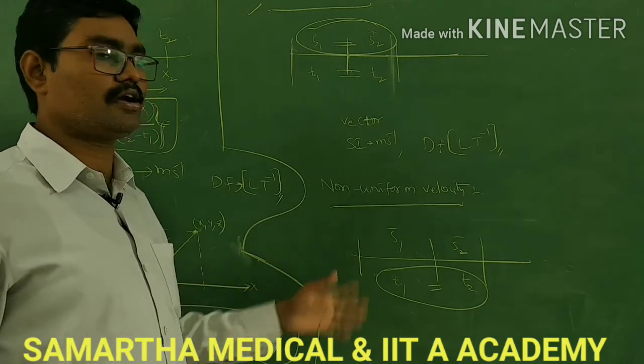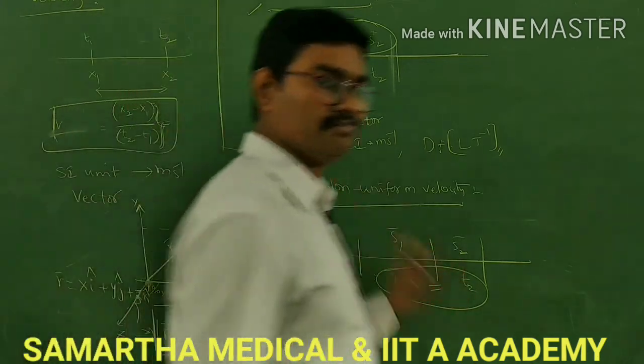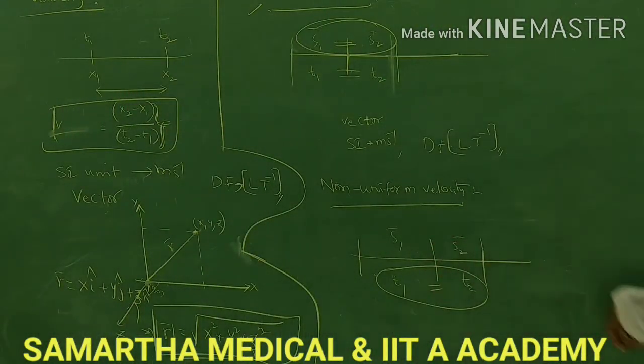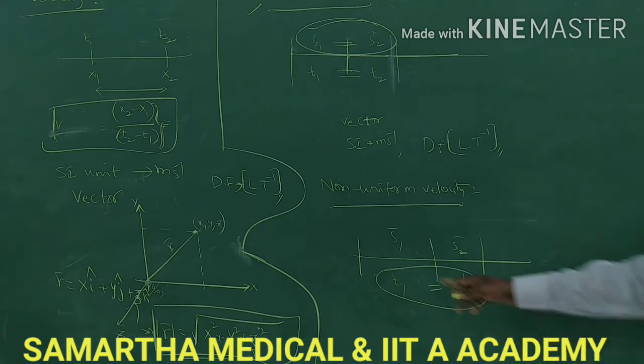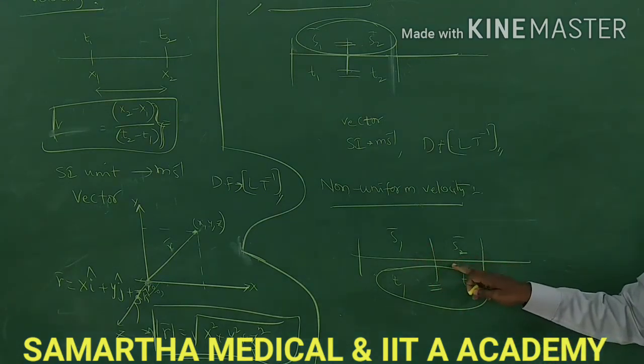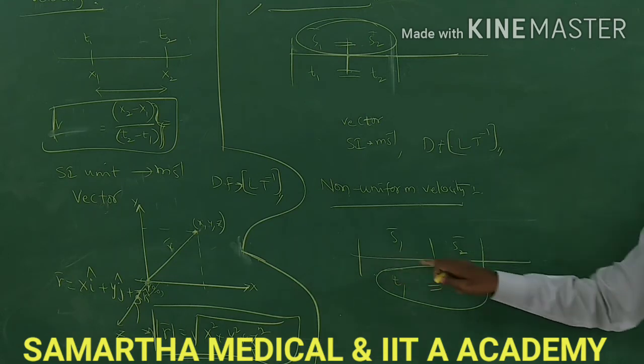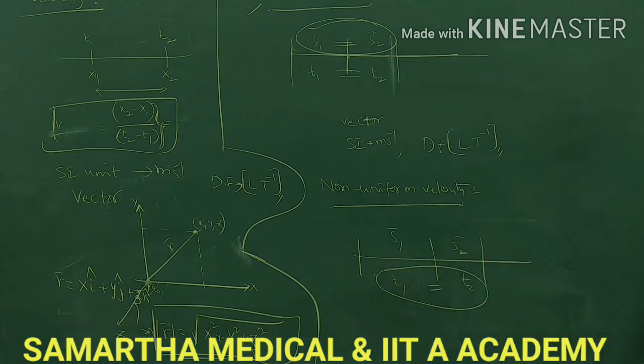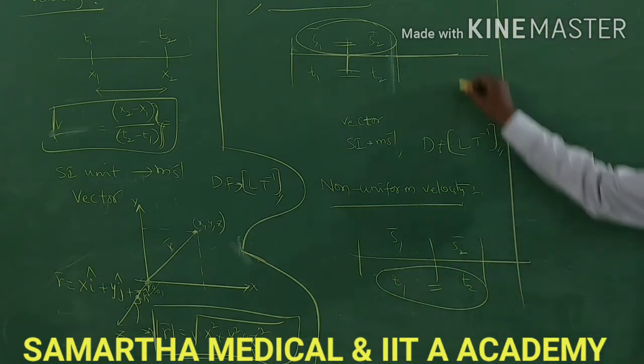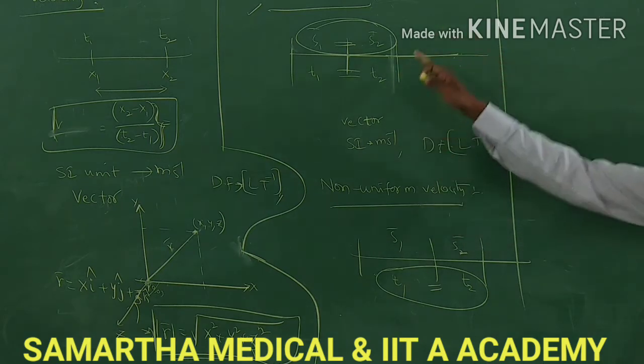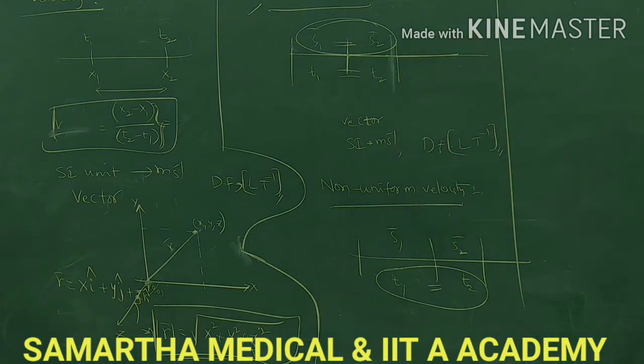They are going along a straight line, so the direction is the same, but the magnitudes of the velocities are different. Next, we need to discuss these two, non-uniform and uniform, in detail.